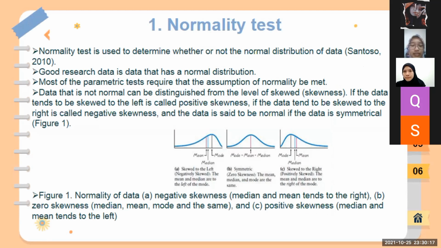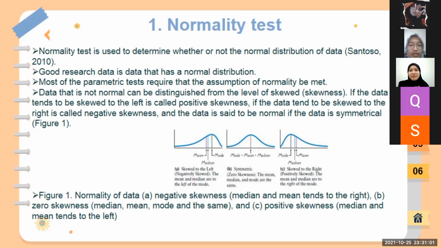Good research data is data that has a normal distribution. Most of the parametric tests require that the assumption of normality be met. Data that is not normal can be distinguished by the level of skew. Di sini maksudnya tuh dari kemiringan. If the data tends to be skewed to the left, it's called positive skewness, and if the data tends to be skewed to the right, it's called negative skewness.